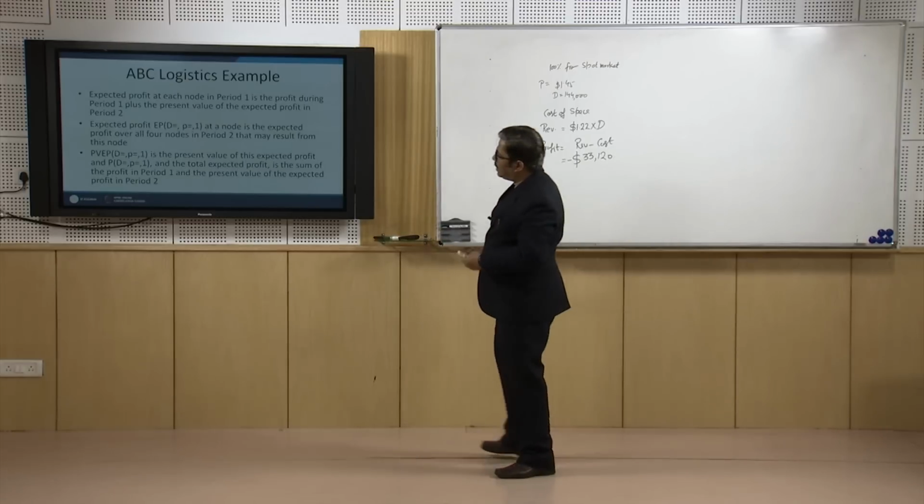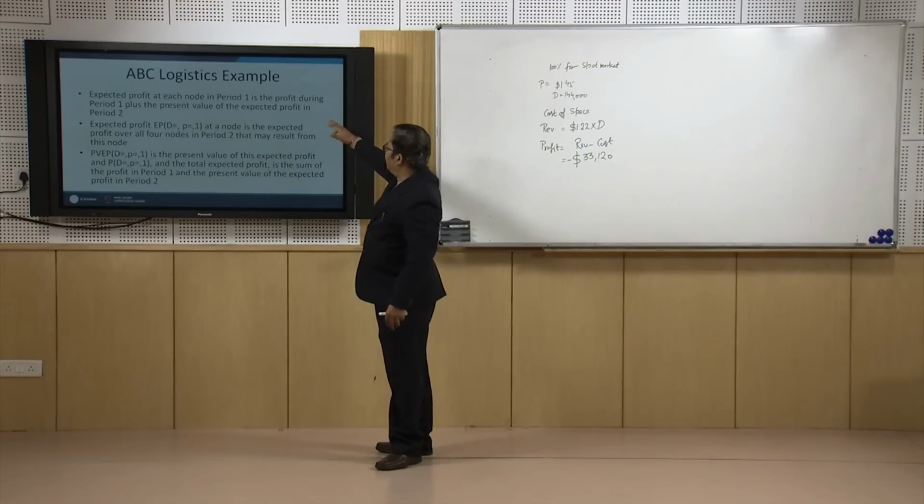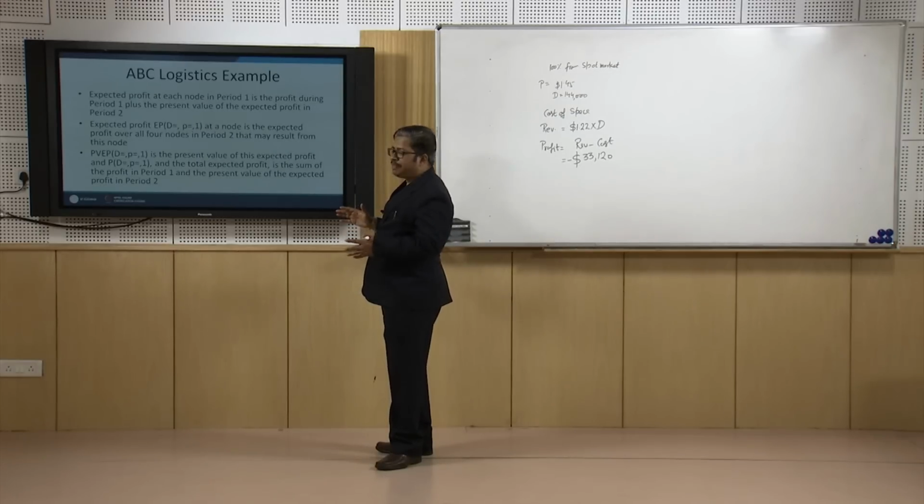Now, expected profit at each node in period 1 is the profit during period 1 plus the present value of the expected profit in the period 2.